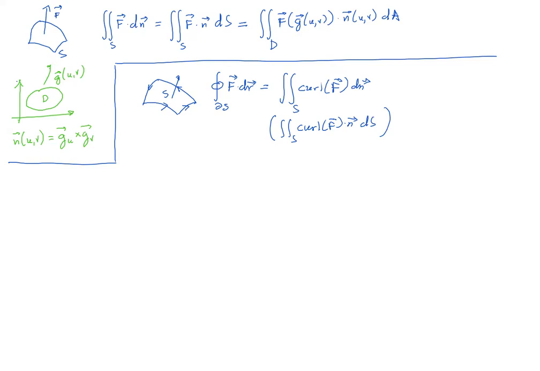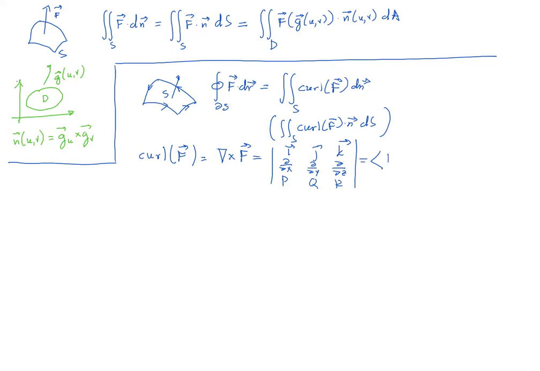Here I should say that the curl is formally defined as the gradient operator cross f, which really means that if f is PQR, then this is i, j, k, partial with respect to x, partial with respect to y, partial with respect to z, and then PQR, which will give you, of course, delete the first row and the first column.